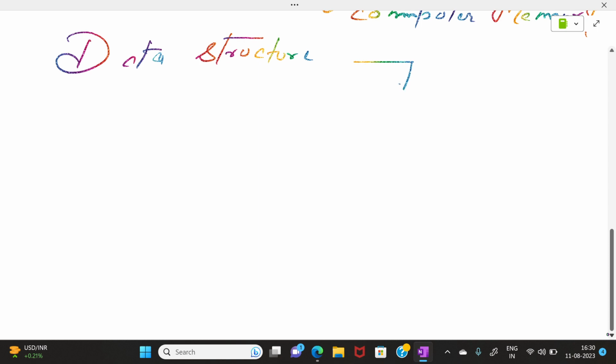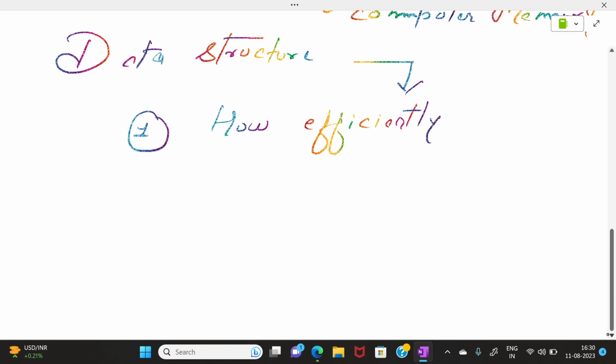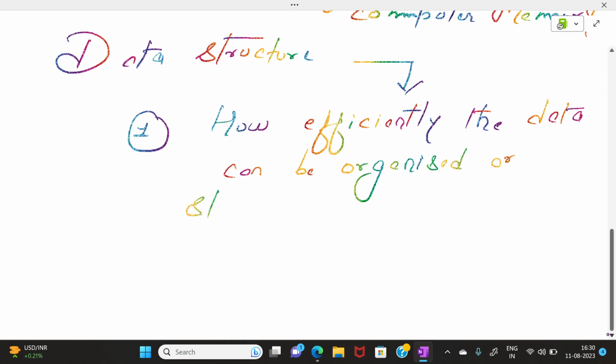Now, why do we need the data structure? So there are two reasons. Data structure mainly deals with two features. First, how efficiently data can be organized or stored in the computer memory.